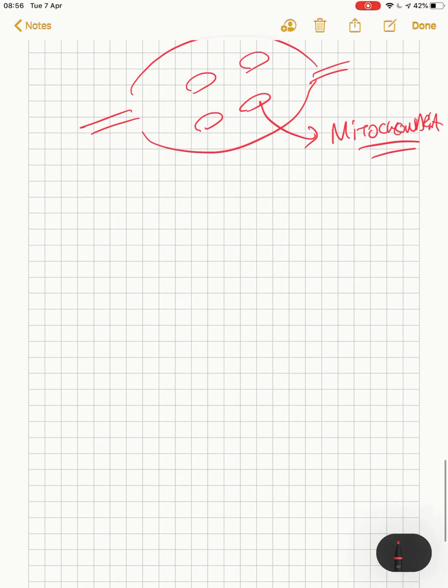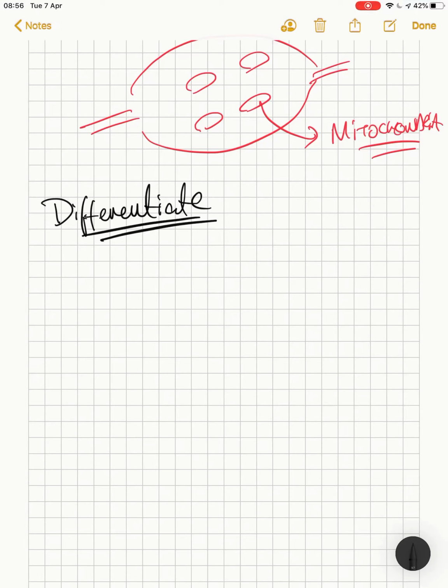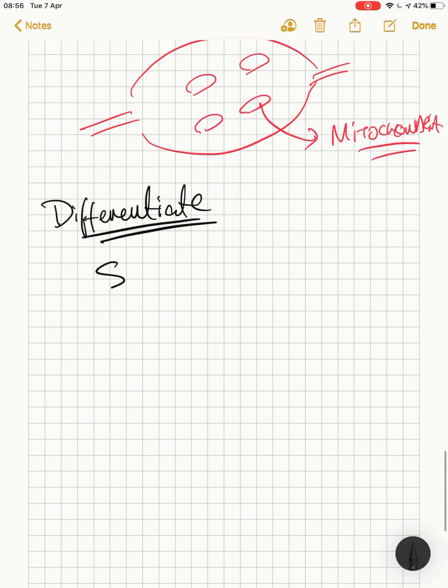Well, they differentiate. Now, all differentiate means is they change from being kind of a template, like a moldable, changeable blueprint, if you like, to becoming one of these specialized cells. All of our cells start off as stem cells.